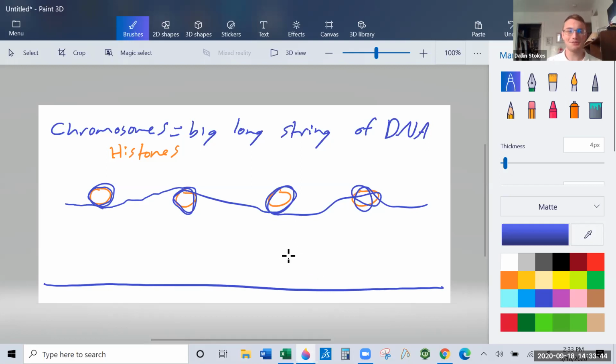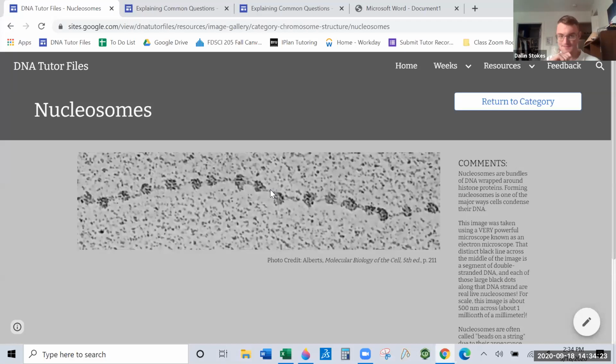Now let me show you pictures of this, because in my opinion, it's great fun to see the pictures. Let me go grab the picture quick. All right, here's the picture. This is a really powerful photograph. It turns out the DNA is too small to be seen using light.